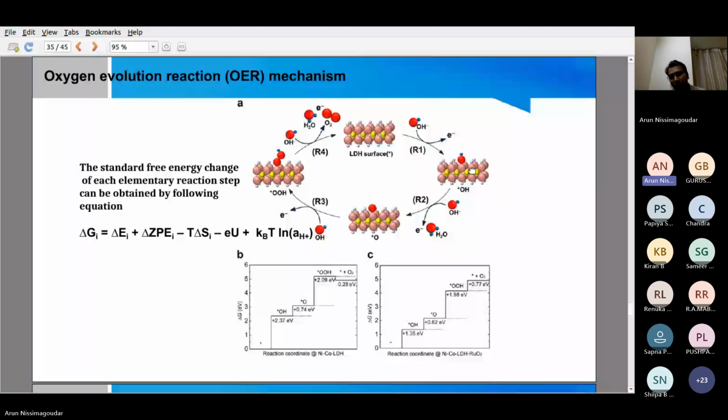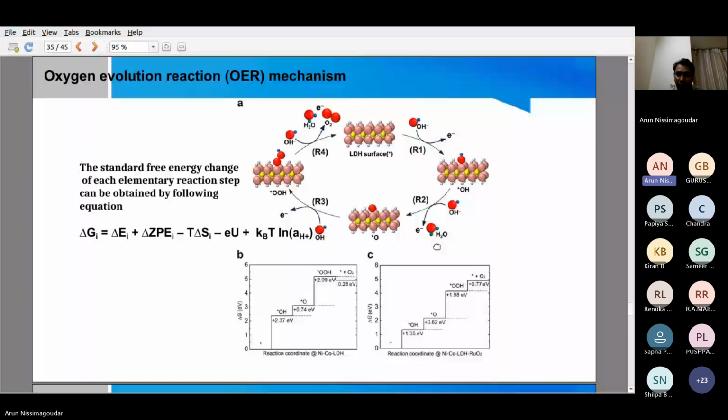But here I'm only showing some of the reaction mechanism before going to our analysis. So the OH comes and attaches. In the next step, another OH will come, and it will bind to the hydrogen available here, and H2 will be evolved.